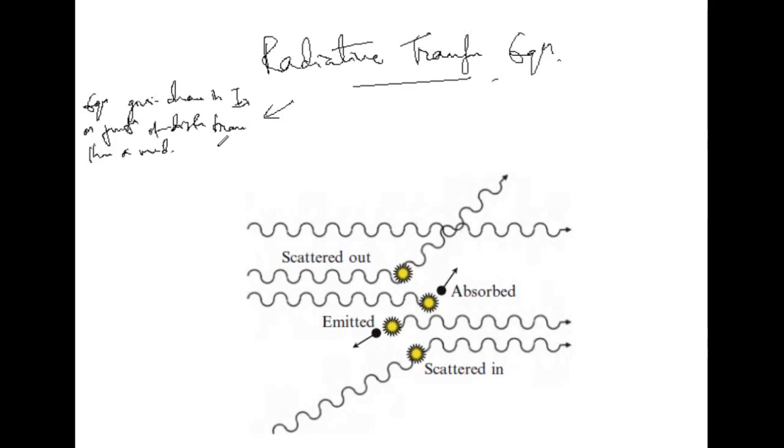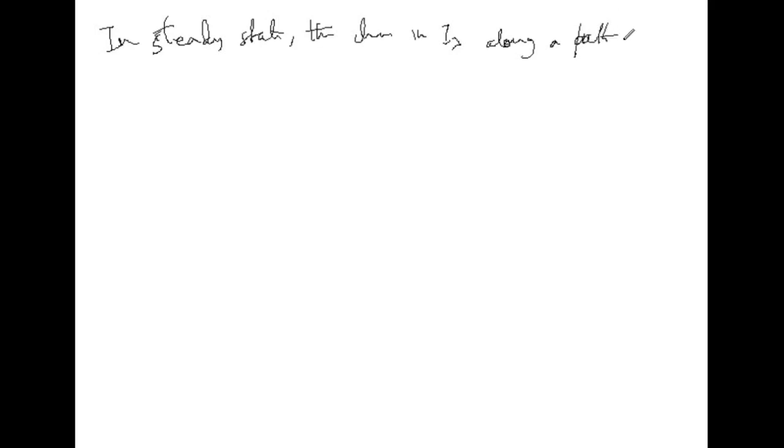Now, in steady state, the change in I lambda along a path ds through a gas of density rho is given by, you must concentrate now on what I am going to write.